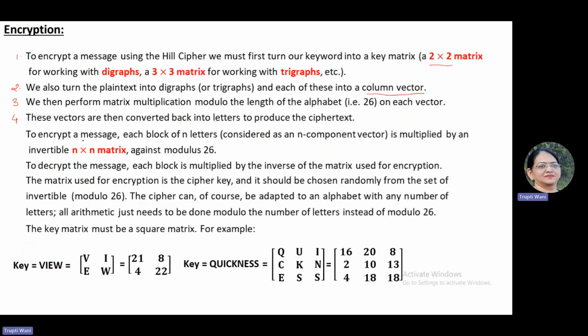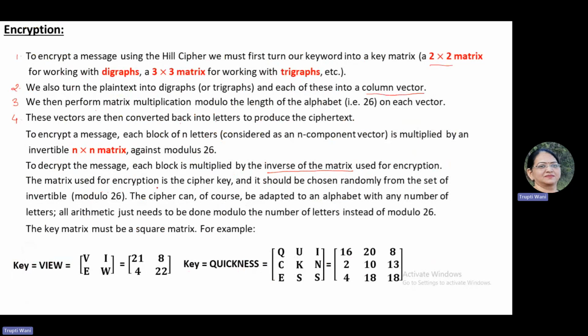To encrypt a message, each block of n letters is multiplied by an invertible n by n matrix, modulo 26. To decrypt the message, each block is multiplied by the inverse of the matrix. So for encryption, we just multiply the vectors K and P, whereas for decryption, we have to use the inverse of the matrix used for encryption.